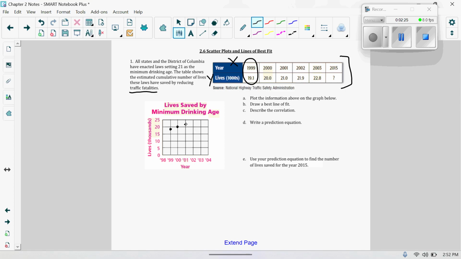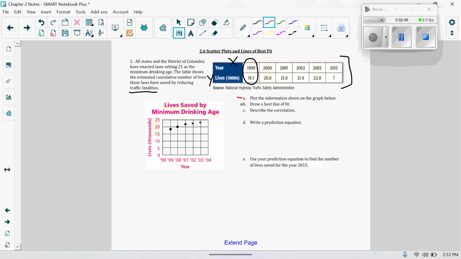We'll plot that point right there. 2002, 21.9. Pretty close up there too. And 2003, 22.8. Still just a little bit higher. And there we go. So we plotted all the information.